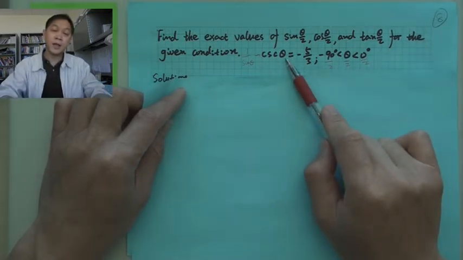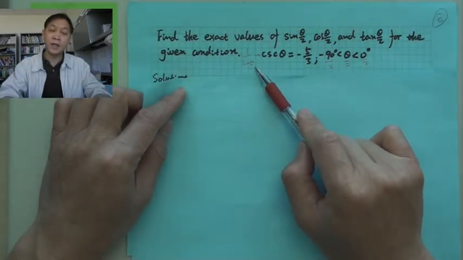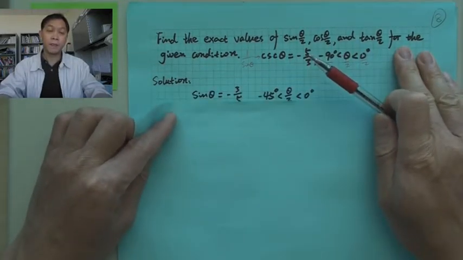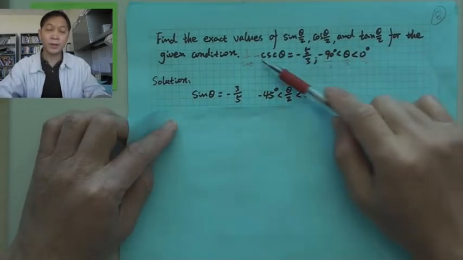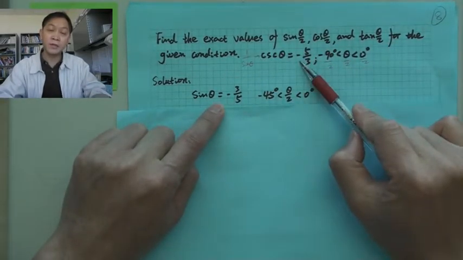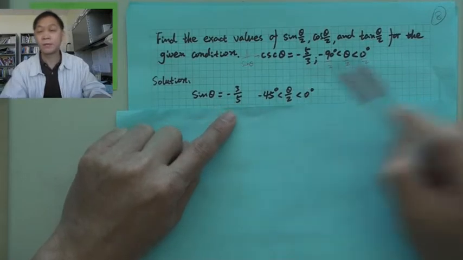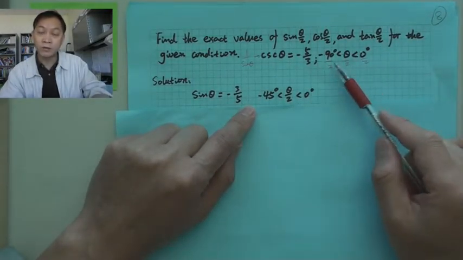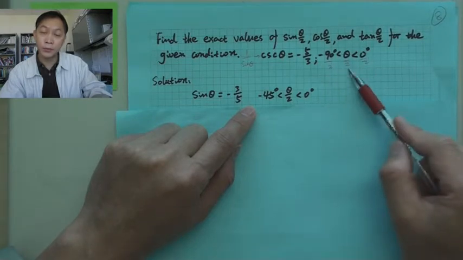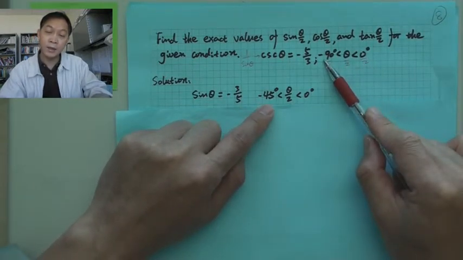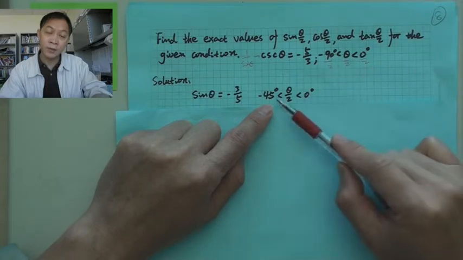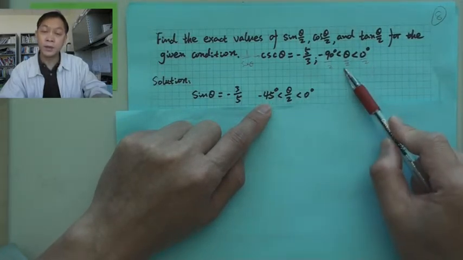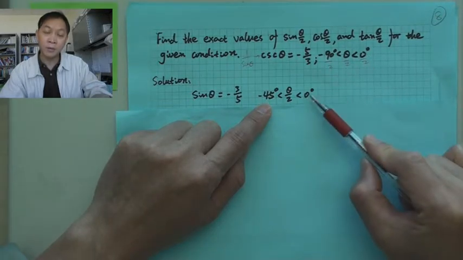Since cosecant theta is 1 over sine theta equals negative 5 over 3, then you flip it, and sine theta will be negative 3 over 5. And if everywhere you divide by 2, negative 90 degrees divided by 2 is negative 45, theta over 2, and 0 divided by 2 is 0.